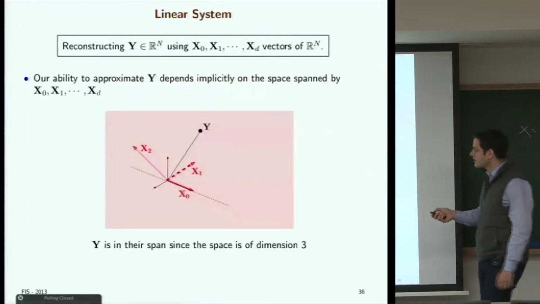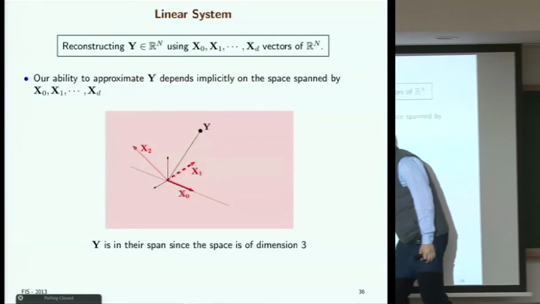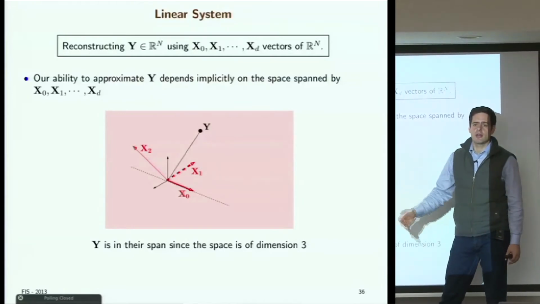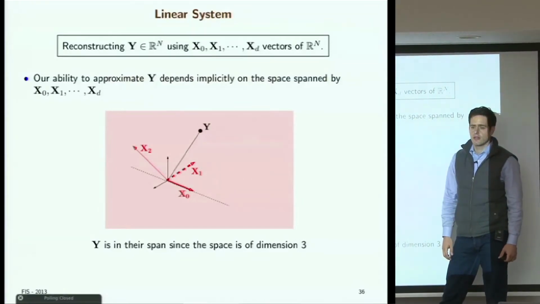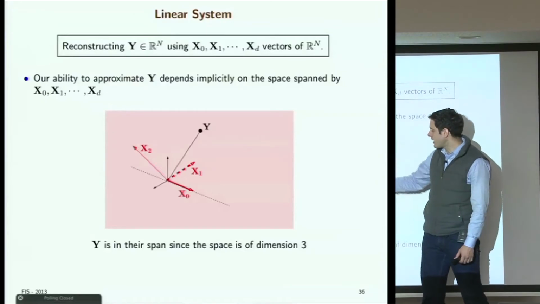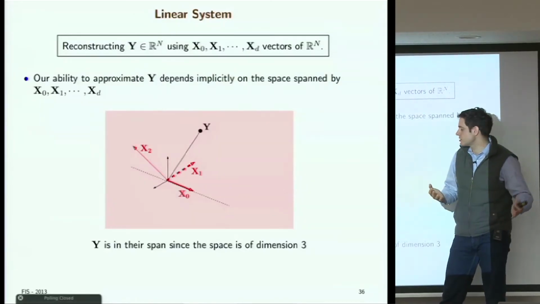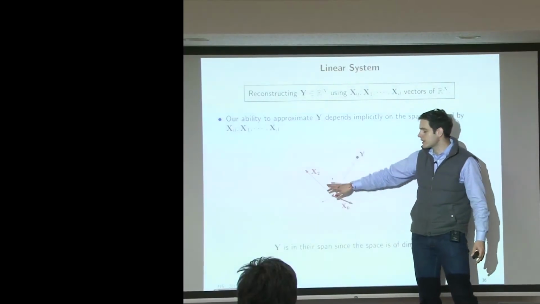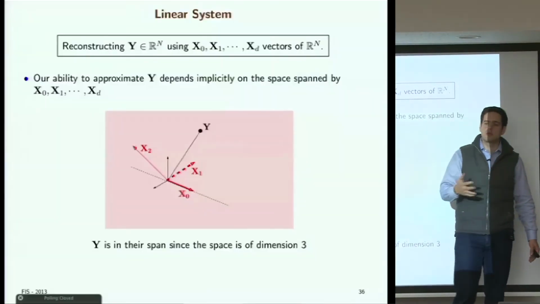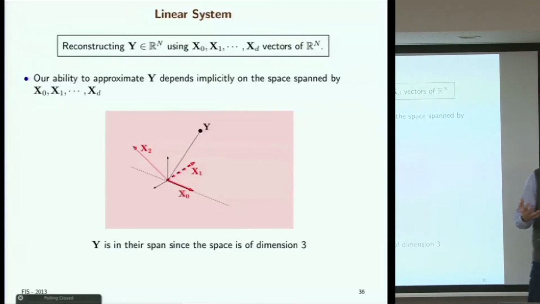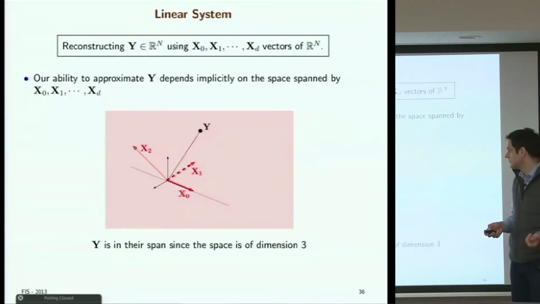I didn't write it here, but suppose that I have a fourth variable. Okay? Then you can write y as infinitely many different combinations of x0, x1, and x2, x0, x2, and x3, etc. Basically, the system is not linearly independent, and so we know that there is not a unique way of writing y, and actually there is an infinite number of ways.